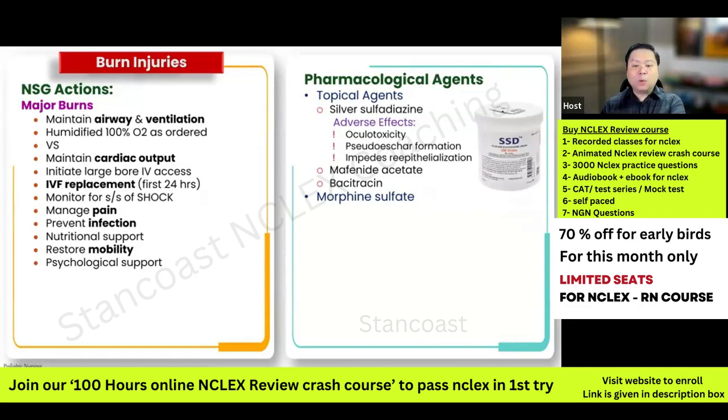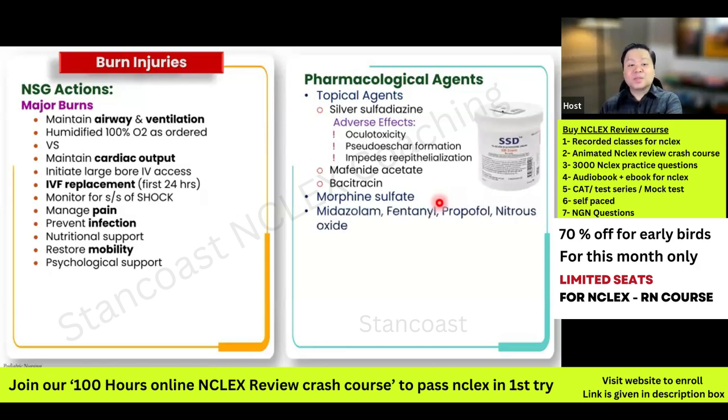If our patient is going to be given morphine sulfate in IV route, again, make sure we are keeping an eye for respiratory depression. Make sure that their respiratory rate doesn't go lower than 12 cycles per minute. However, for those pediatric patients, make sure that their respiratory rate is not below the normal lower limit according to their age.